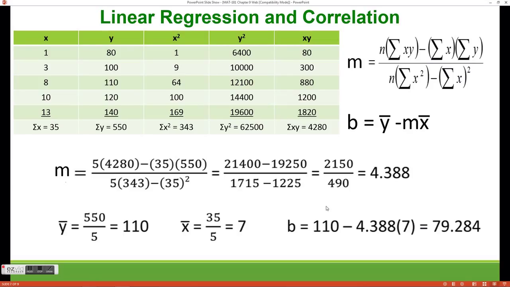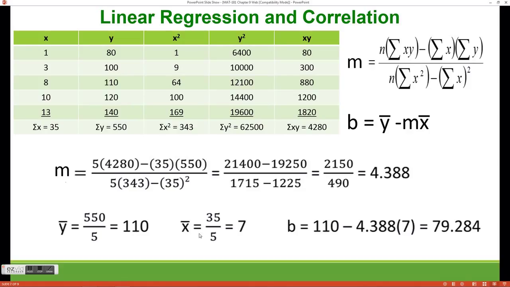After I calculate the slope, I would then want to calculate the y-intercept. That can be done by taking the mean of the y values and subtracting the slope times the mean of the x values. So I have to calculate the mean of the y values, the mean being the sum of y, 550, divided by n, which is 5, giving us 110.